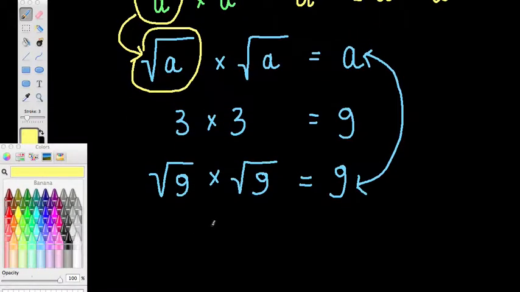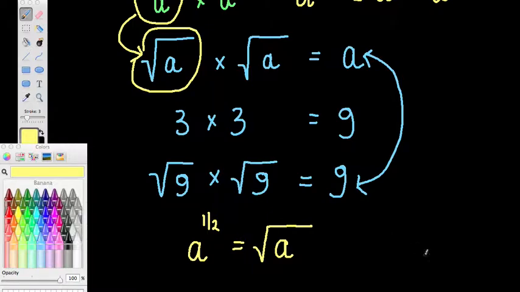I'm going to write that at the bottom here. A to the power of a half is equal to the square root of a. So these are just two different ways of writing the same thing. Whenever you see this to the power of half, I want you to automatically think, okay, that means the square root of that number. This is going to allow us to evaluate these fractional indices.